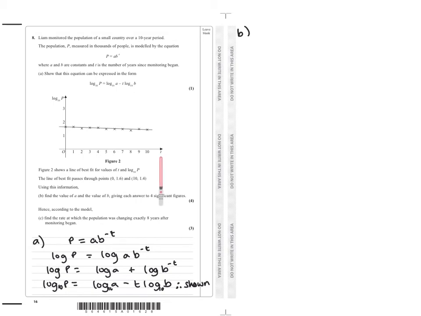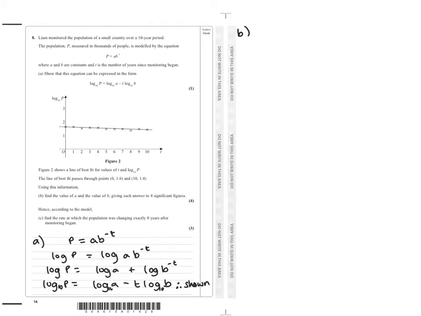So when we're thinking of equations of a straight line, y equals mx plus c, remember that, okay? The line of best fit passes through the points 0, 1.6 and 10, 1.4. Using this information, find the value of A and the value of B, giving each answer to 4 significant figures.